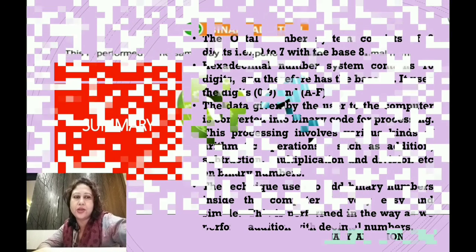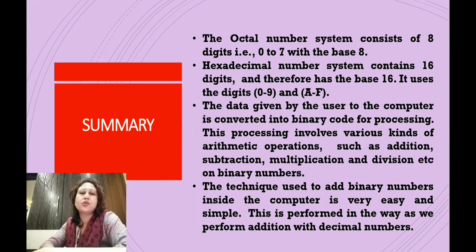Let us summarize today's session. In today's session, we have recapitulated on the octal number system, which consists of 8 digits, that is 0 to 7, with the base 8. Then we recapitulated on the hexadecimal number system, which contains 16 digits and therefore has the base 16.